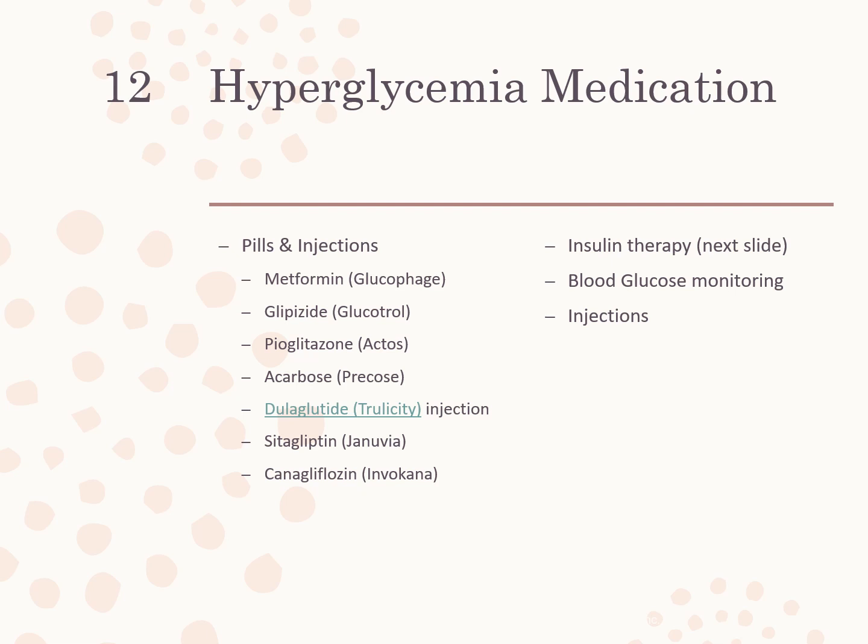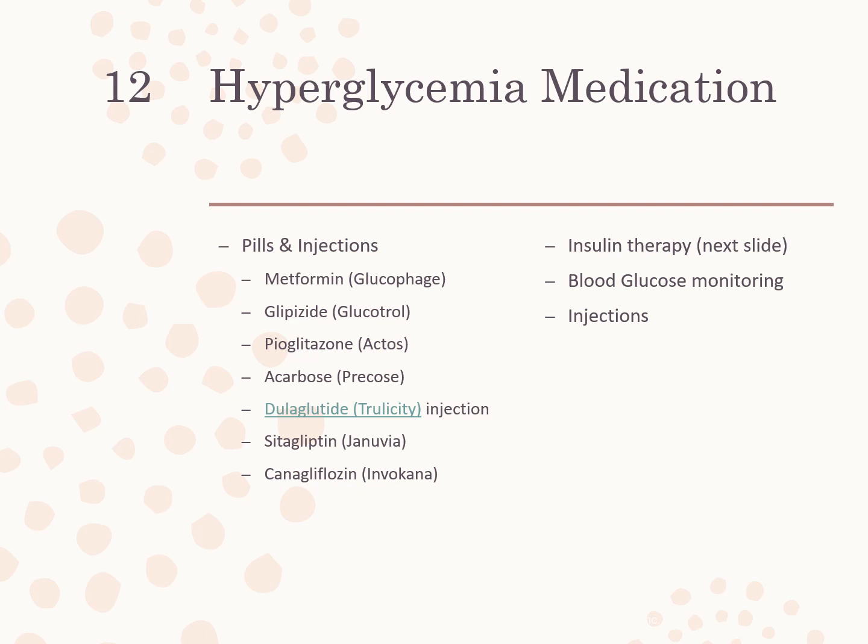Next one down here is dulaglutide, also known in these new commercials as Trulicity. It's actually an injection. They call this an incretin mimetic, and it acts like natural gut hormones. Like I said, we're not going to worry about how exactly it works, but it's injected weekly, not daily.